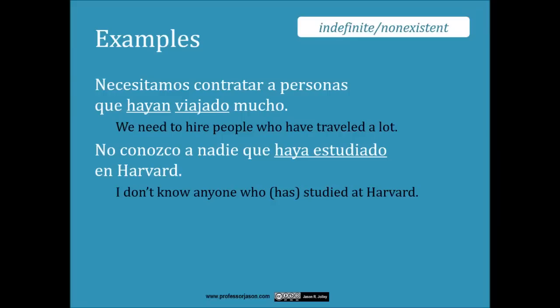We haven't identified the definite persons, but we know we're looking for persons who have traveled a lot, que hayan viajado mucho. No conozco a nadie, this is a non-existent situation, no conozco a nadie que haya estudiado en Harvard. I don't know anyone who has studied at Harvard.